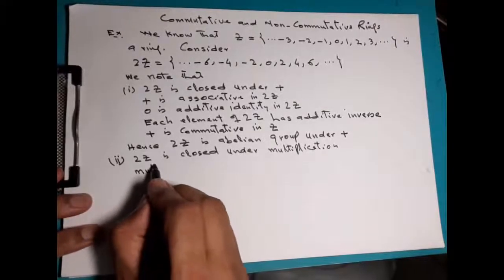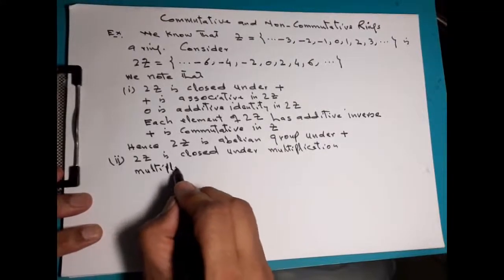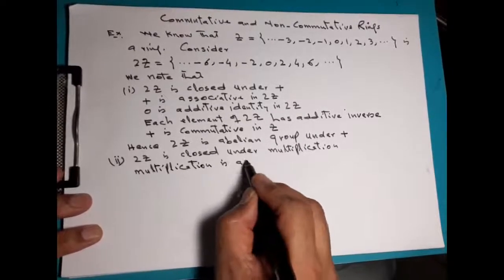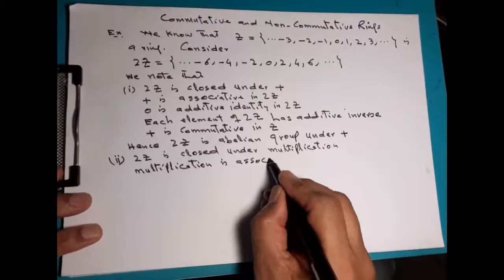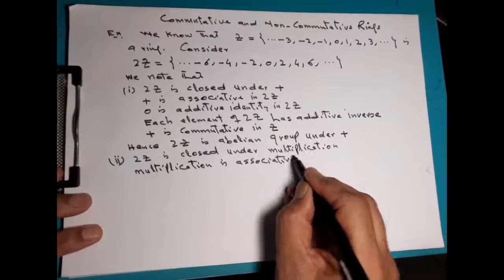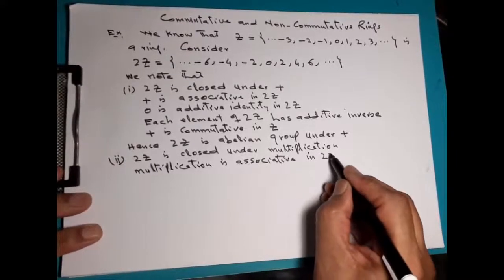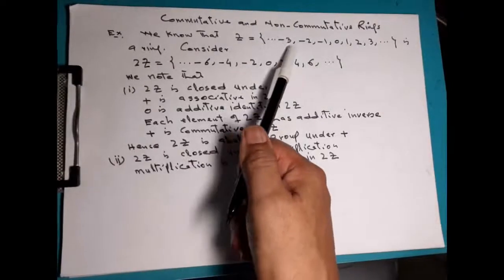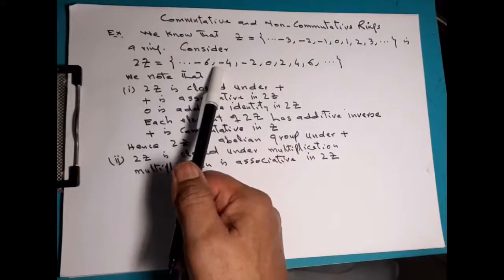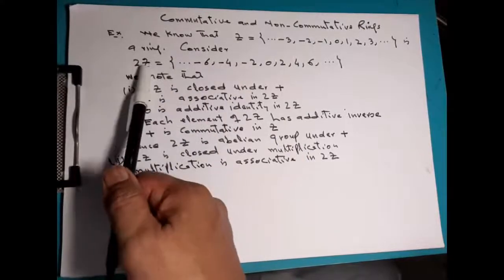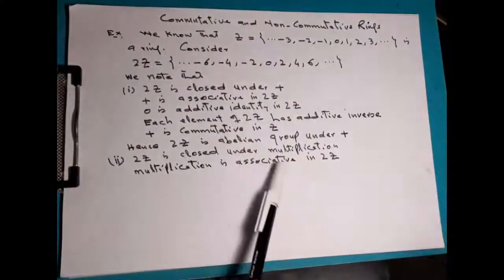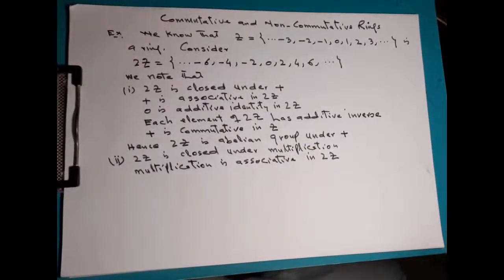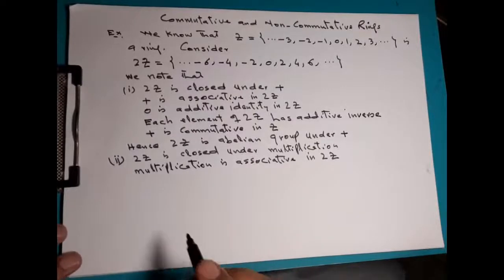The reason is that multiplication is associative in Z, and 2Z is a subset of Z. Therefore multiplication is associative in 2Z as well.